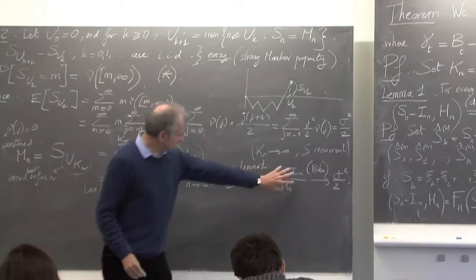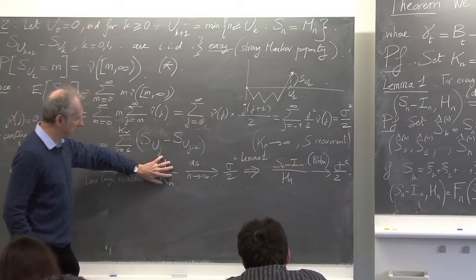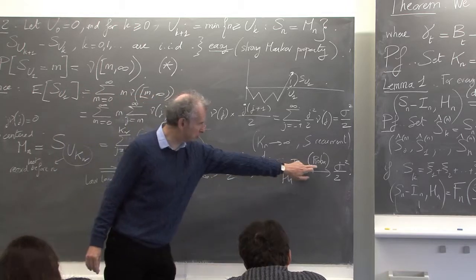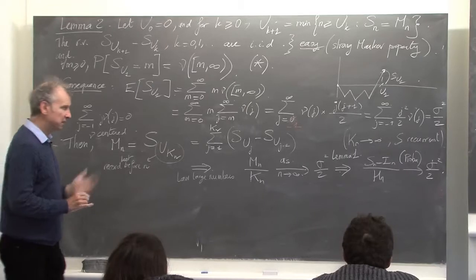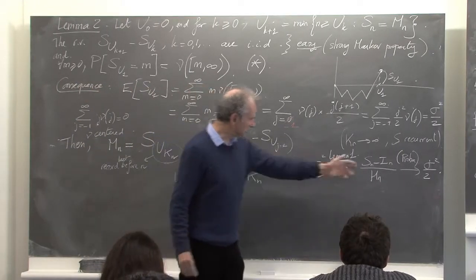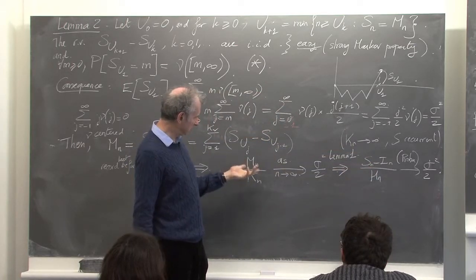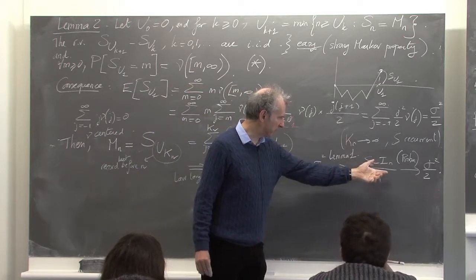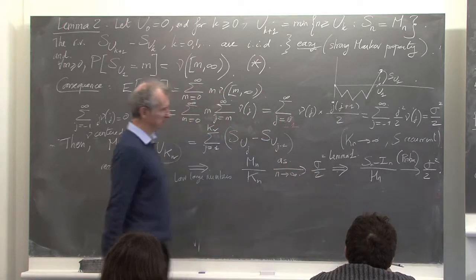I know that for each fixed n, this random variable here has the same law as this one. Okay? But I cannot deduce from the almost sure convergence here that I have also almost sure here. Because, okay, you can find counter examples. Okay? But the fact that you have convergence in probability remains valid if you replace here each term of your sequence by a random variable having the same law, provided you have convergence in probability to a constant, which is the case here.